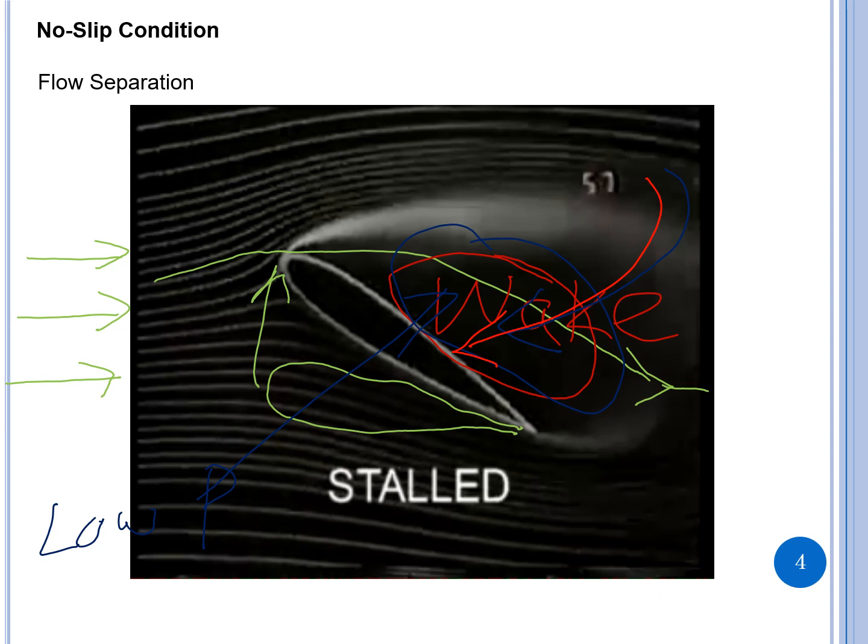Now, this is the lift, and this force produces drag. So although the aerofoil is moving upward, it is causing more drag now as compared to lift. And this behavior is because of flow separation.